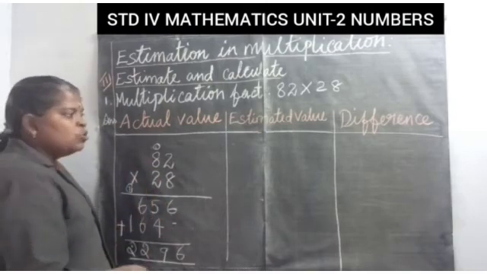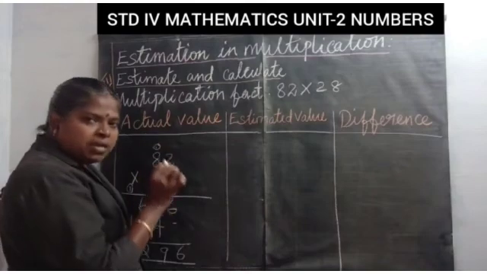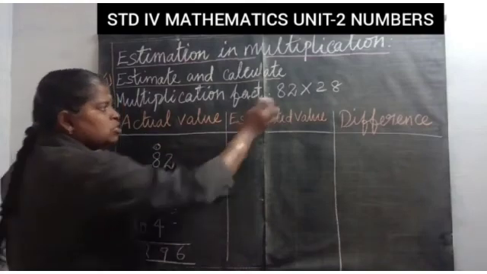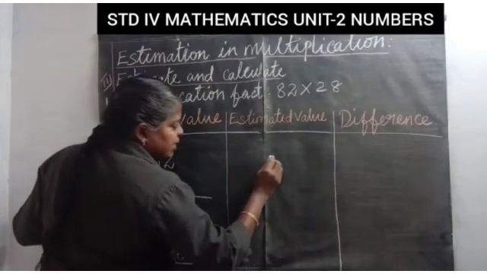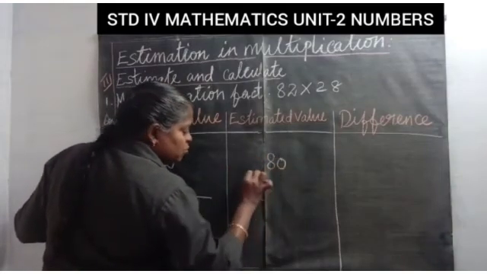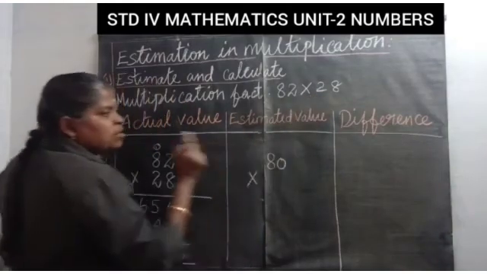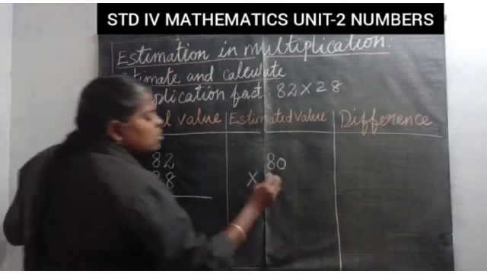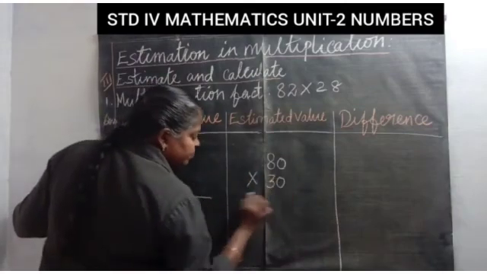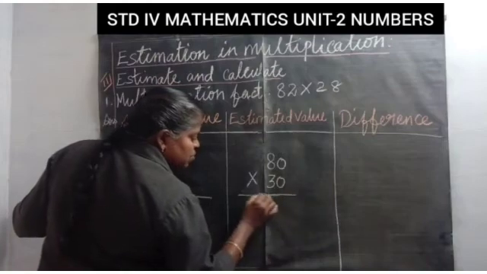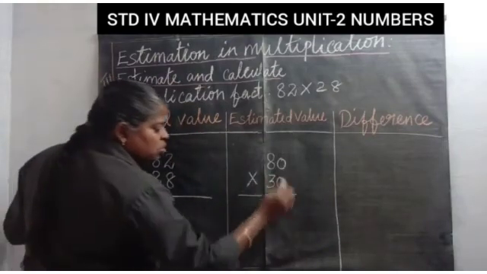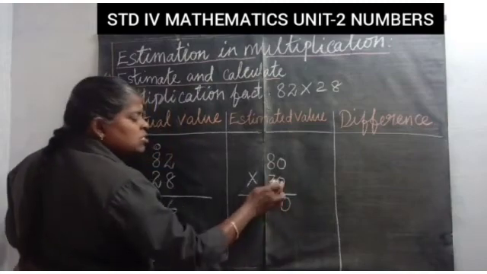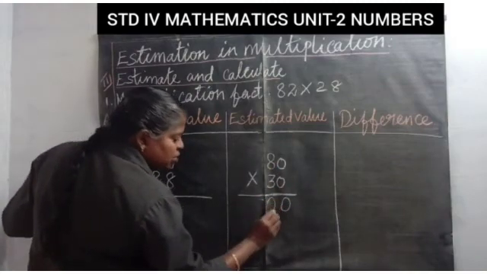Now we can do the estimated value. First we write the estimated value of each number. 82 rounded to tens is 80, into 28 rounded to tens is 30. Now we start to multiply. 0 eights are 0.